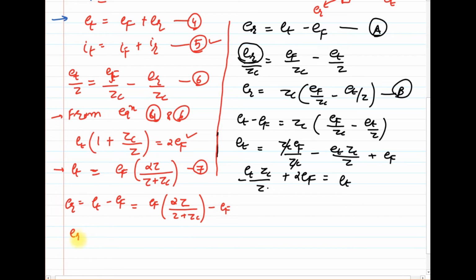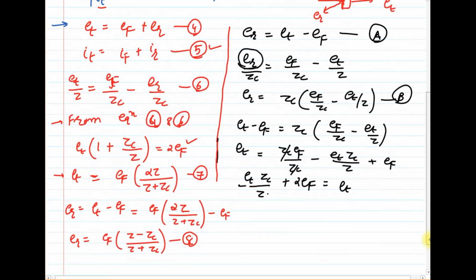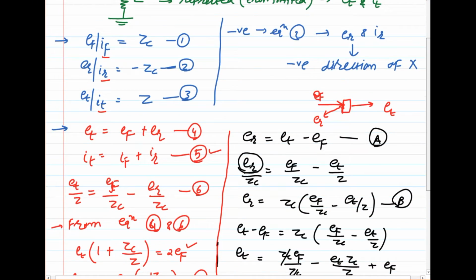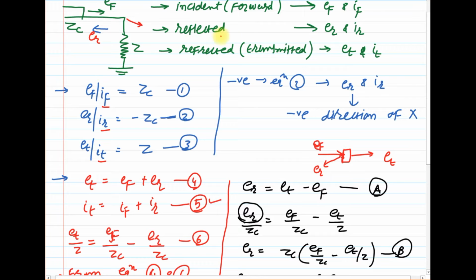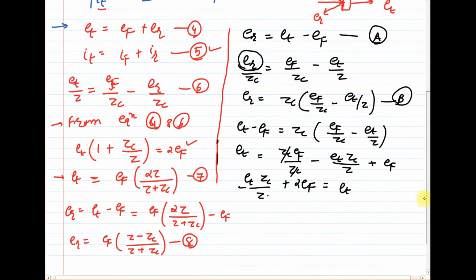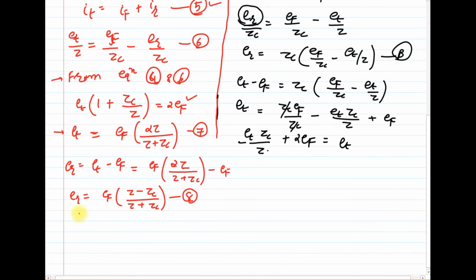So you will get ER is equal to EF into Z minus ZC divided by Z plus ZC. Equation number 8, which shows ER, the reflected voltage wave magnitude. Clear?